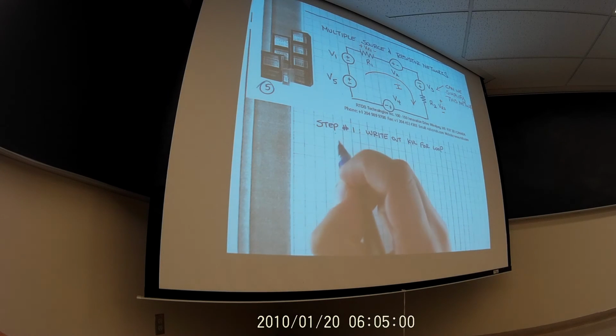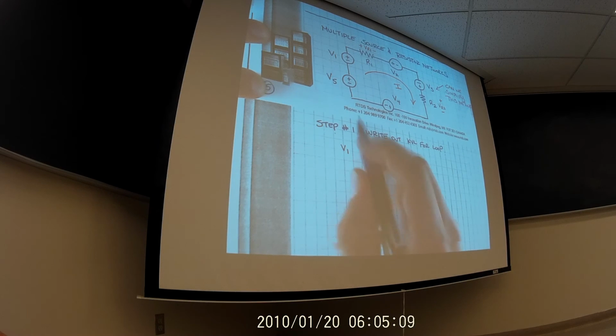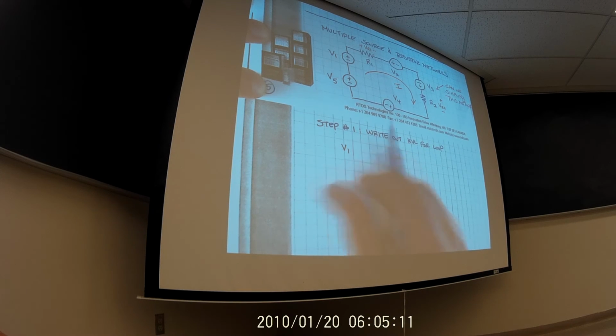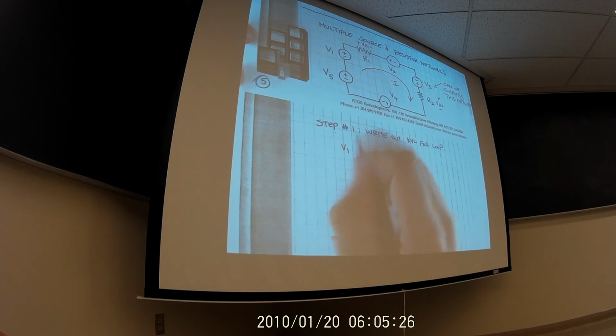Should I do them all equal to zero? Yeah, just do it, they all have to sum to zero. Okay, so V1 plus V2 minus V3. Let's go with the assumption that we're going to go in order. I know we can shift things around, but let's just go around the circle. So we'll include VR1 next. Oh, sorry. Okay, so V1 plus VR1, or?